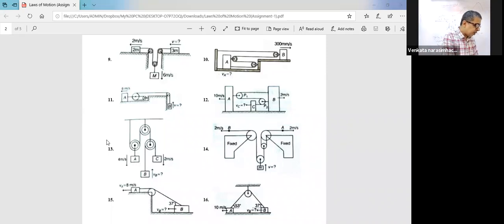All of you have your booklet with you. You go to page number 210. Page 210. What do you see? Find the relation between velocities, problems on constraints.